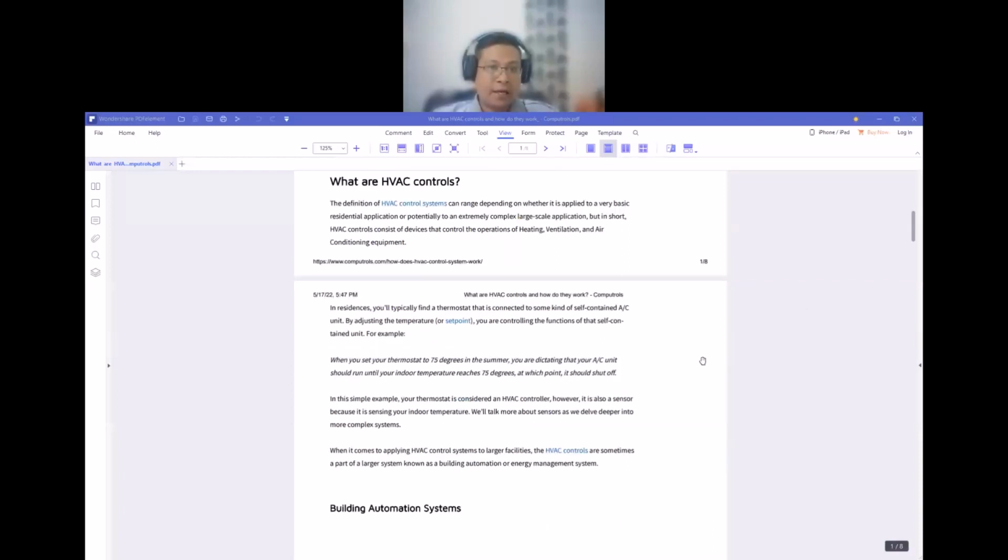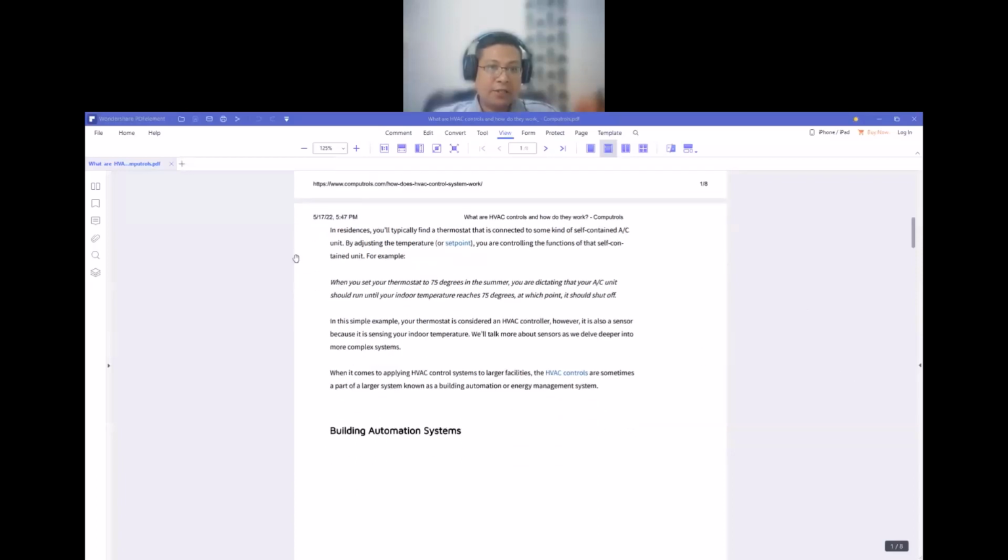In residential settings, you will typically find a thermostat that is connected to some kind of self-contained aircon unit. By adjusting the temperature, you are controlling the function of that self-contained unit. For example, when you set your thermostat to 75 degrees Fahrenheit in the summer, you are dictating that your aircon unit should run until your indoor temperature reaches 75 degrees Fahrenheit, at which point it should shut off.